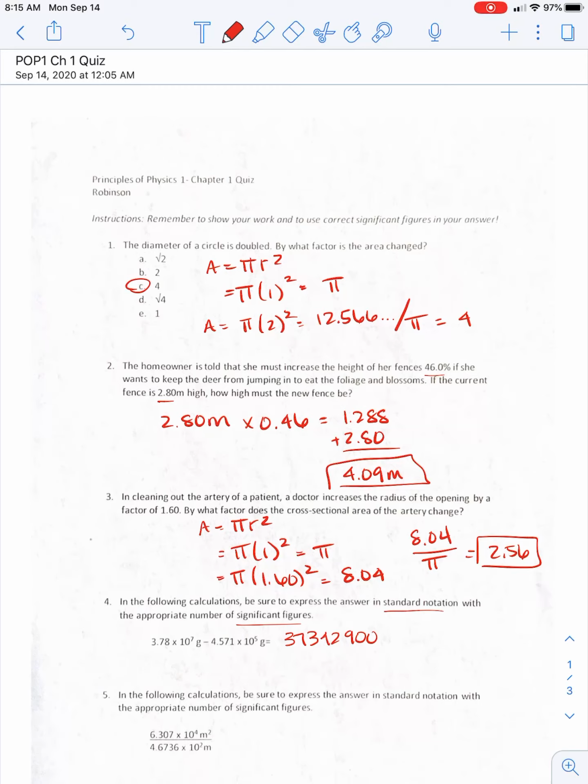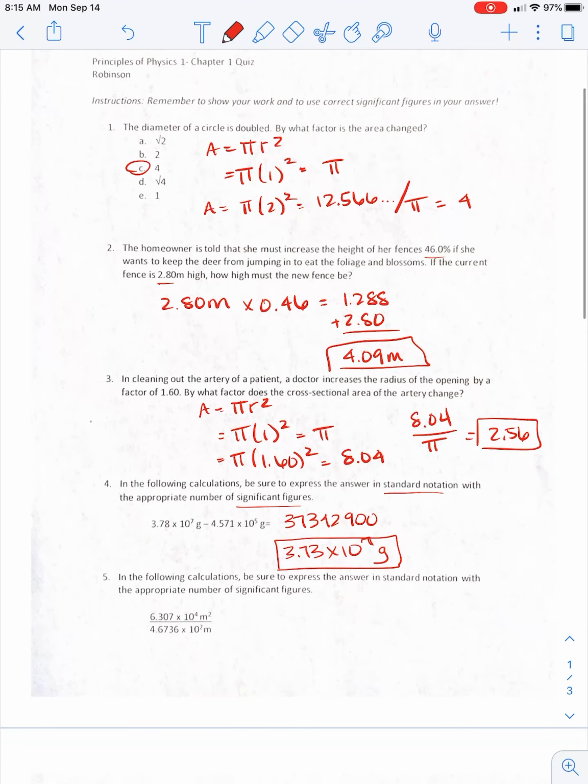So to do that in correct standard notation, it's just 3.73 times 10 to the 7th grams. This is a 7 up here. You want to have 3 significant figures because of that number right there.